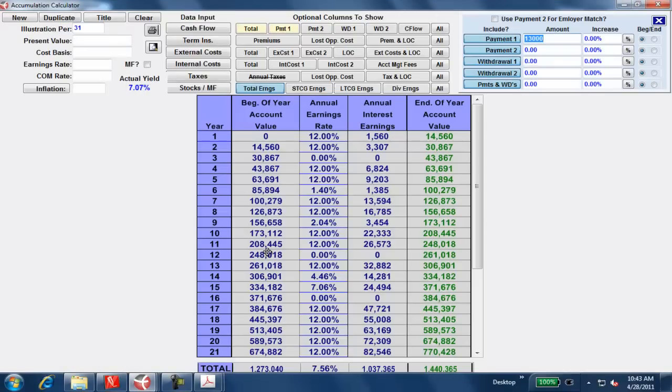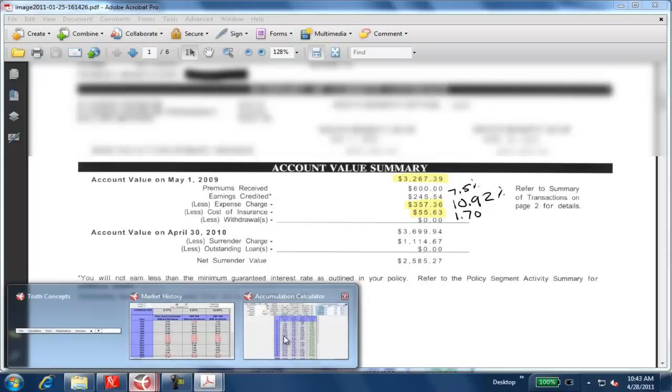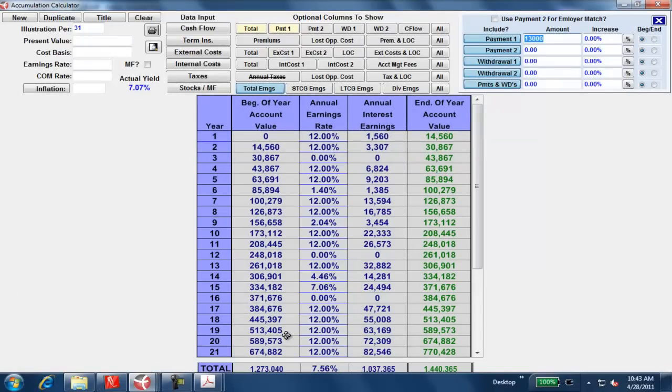All right. So what I'd like to do here is take a look at that statement again that had an insurance cost of about 1.7%. I'm just going to be pretty conservative and say 0.5%. Now the cost of insurance comes out of the accumulated balance. So let's go to internal costs.